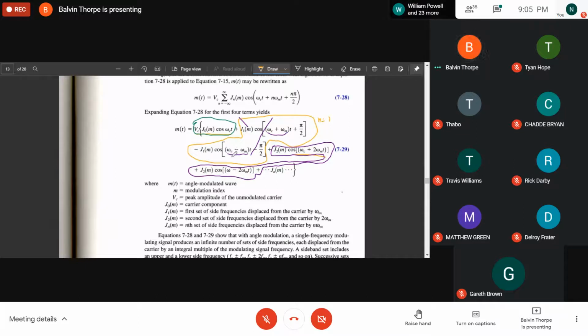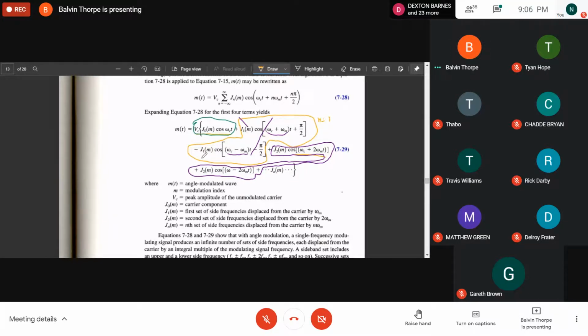So VC times J1 is going to give you 10 times 0.44, which is 4.4 for the magnitude of the upper sideband, and minus 4.4 for the lower.